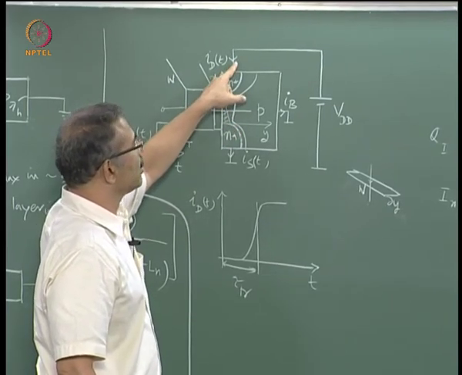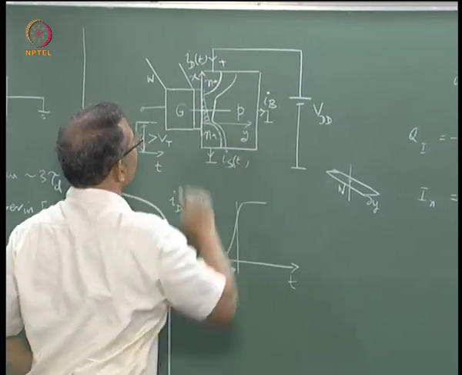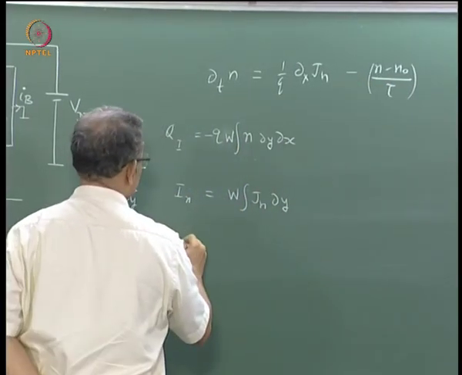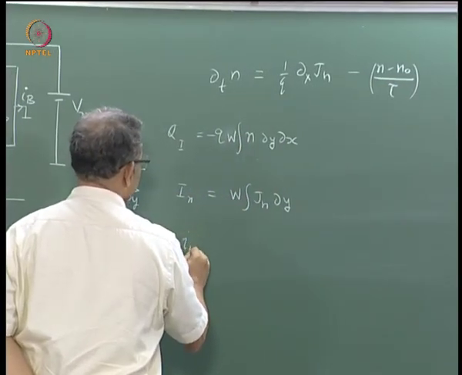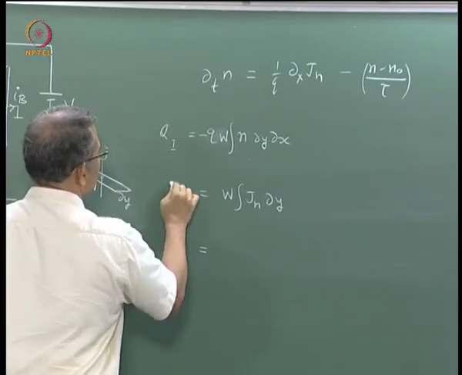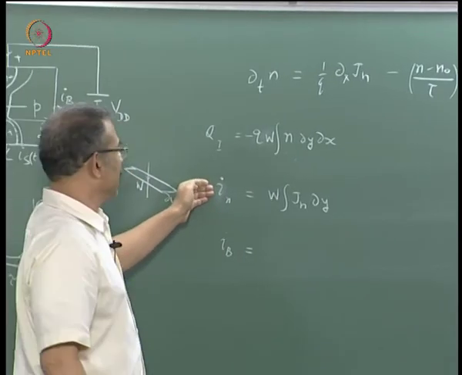The electrons move to the positive drain contact in an n-type MOSFET, and the holes move out here. So that generation is represented by this. So I can write IB as, let me write this as small i_n, because things are changing with time.